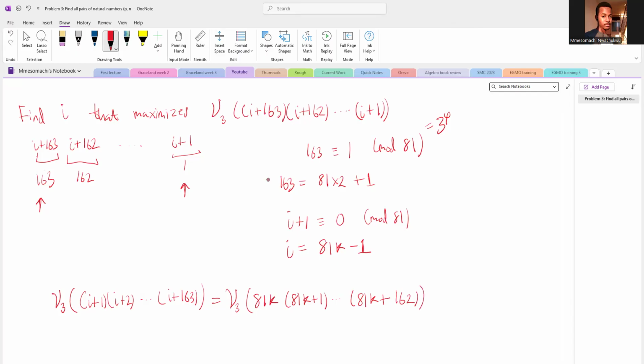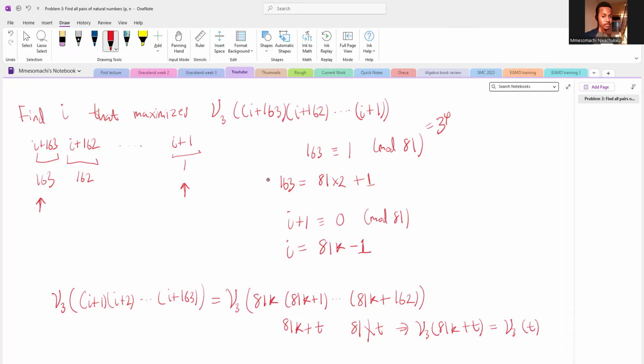Now we just need to concentrate. Aside from the term 81k plus t, if 81 does not divide t, then the PID value of 3 in 81k plus t is just equal to the PID value of 3 in t. So there's nothing much we can do to maximize these terms.